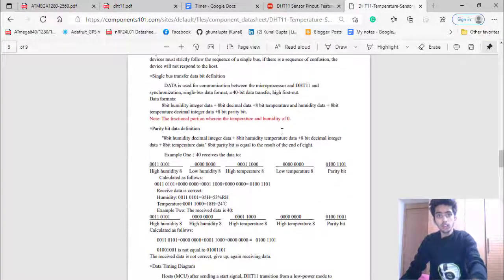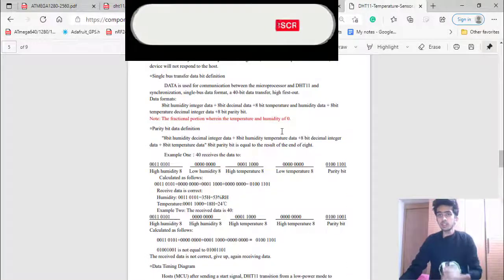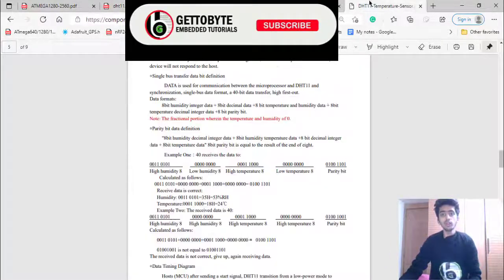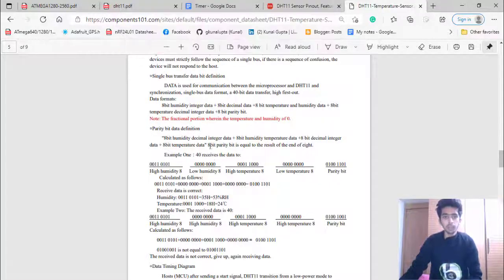The data which we get from the sensor is in 5 packets of 8 bits. First is 8-bit humidity integer data, then 8-bit humidity decimal data, then 8-bit temperature integer data, then 8-bit temperature decimal data, and then 8-bit parity.